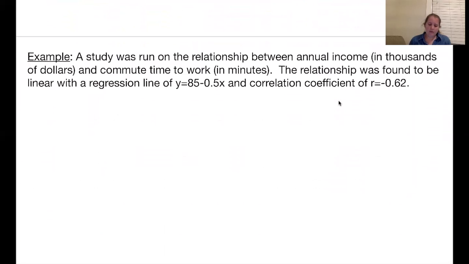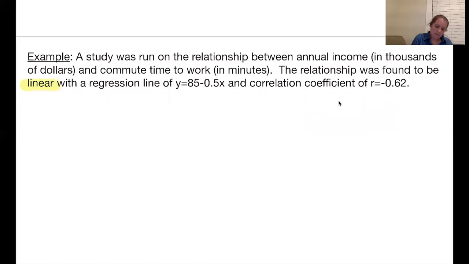a study was run on the relationship between annual income in thousands of dollars and commute time to work in minutes. The relationship was found to be linear, with a regression line of y equals 85 minus 0.5x and a correlation coefficient of r equals negative 0.62.